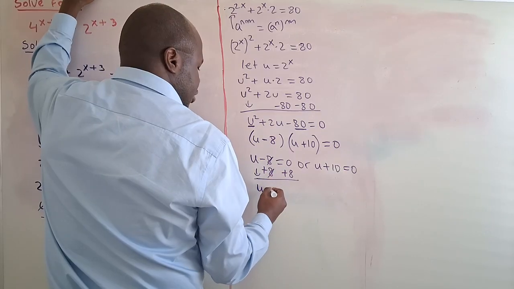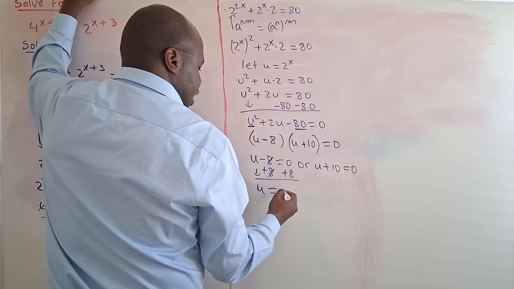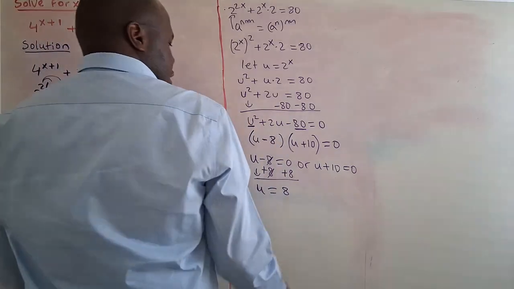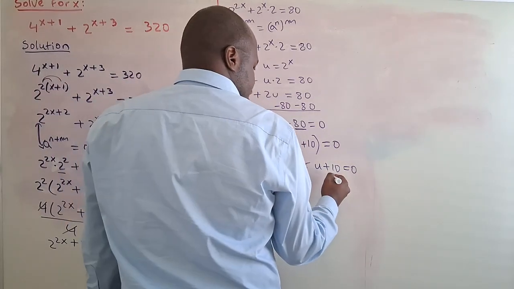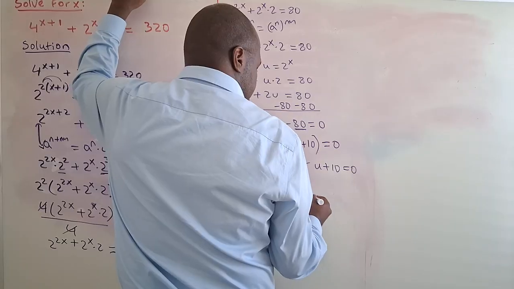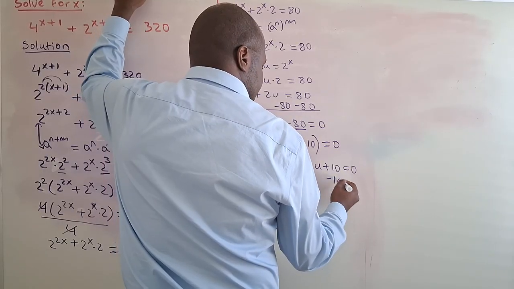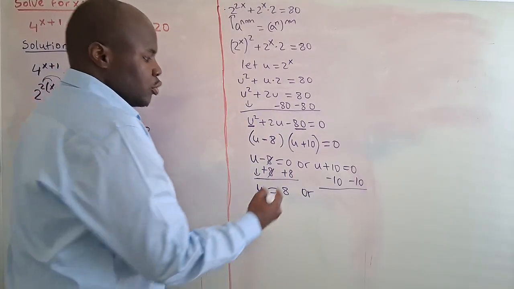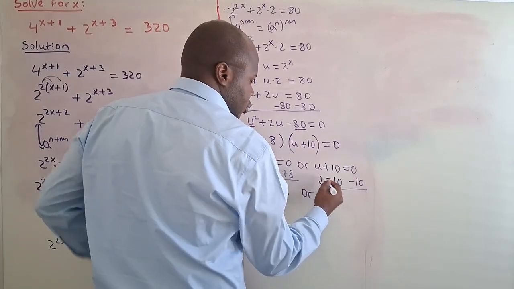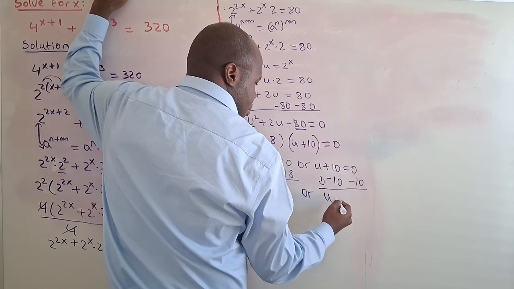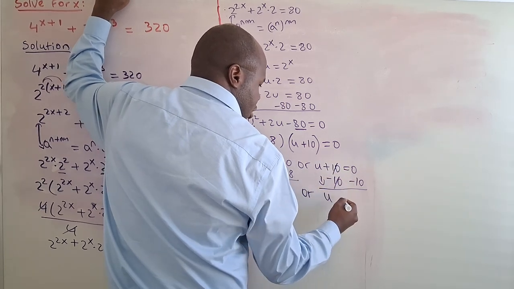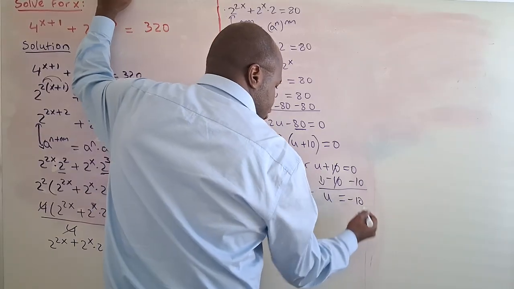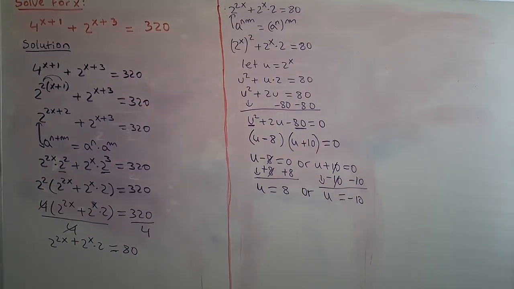Negative 8 plus 8 is 0, and 0 plus 8 is 8. Now we're going to do the same thing on that side. We're going to say or, and we subtract 10 both sides. Once we subtract 10 both sides, we bring down the u. 10 minus 10 is 0. We bring down the equal sign, then we get u equals negative 10.